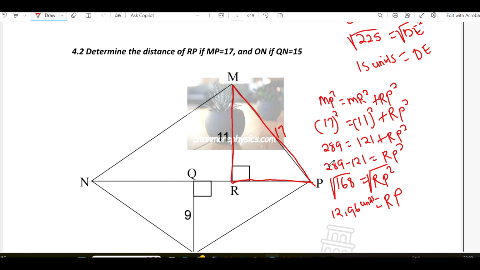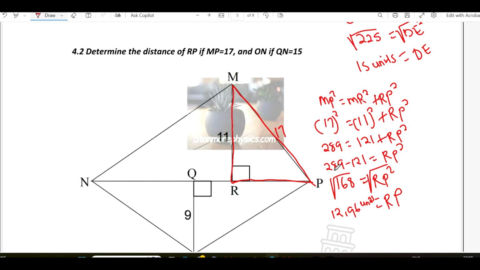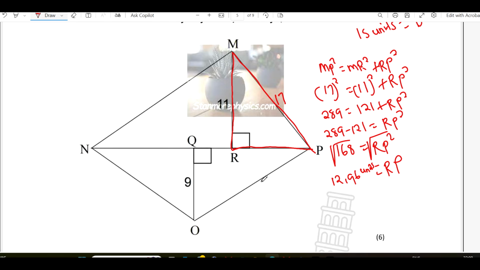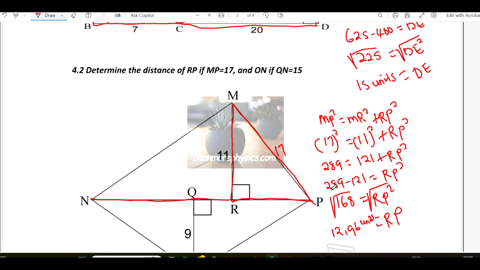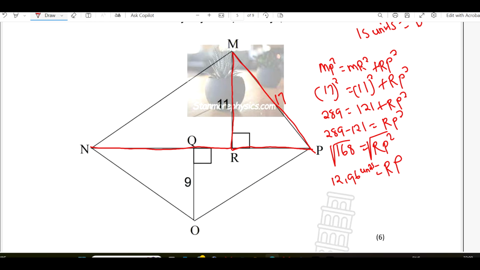And then we are also asked to look for ON if QN, where's QN? There it is, QN, telling us that QN is 15.